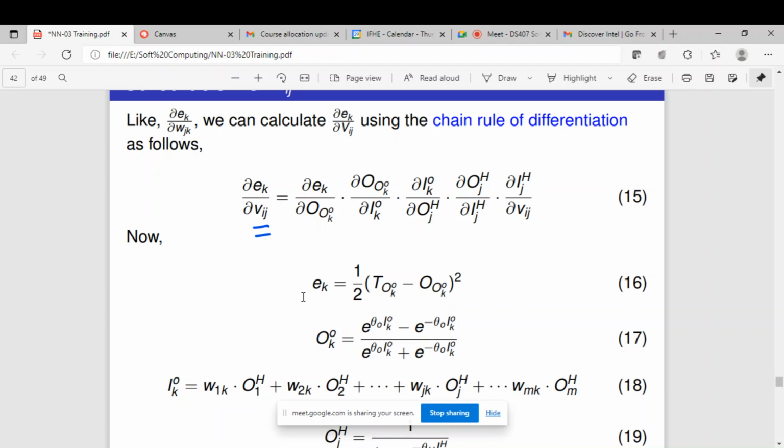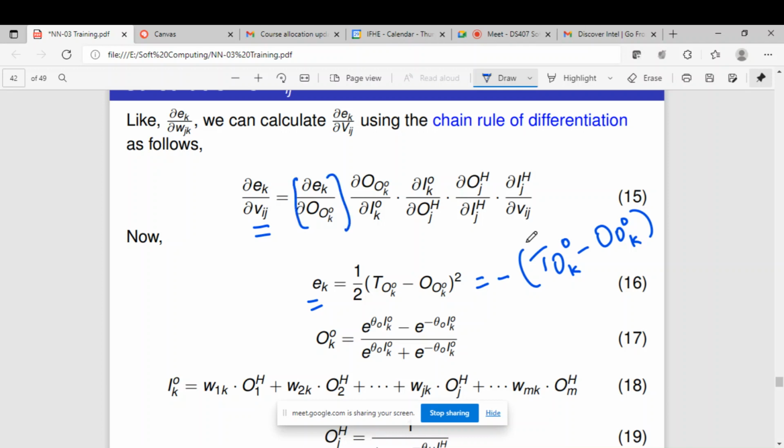When you take the derivative of this, the 2 comes down and the power becomes 1, so the 2 cancels out, and it is equal to minus of TOKO, the target output of the kth neuron of the output layer, minus OOKO, the output of the kth neuron of the output layer. So this part we can solve like this.